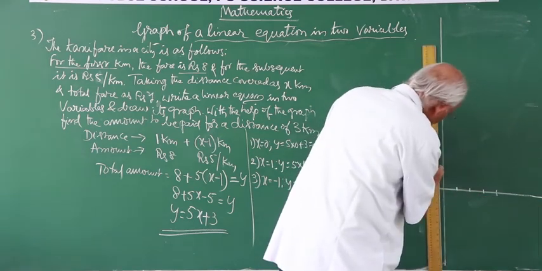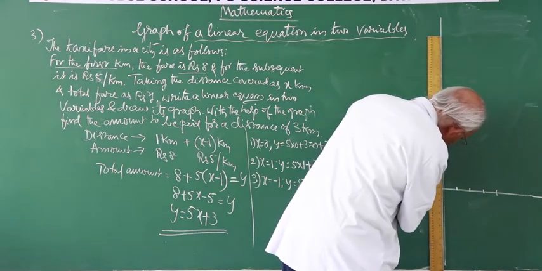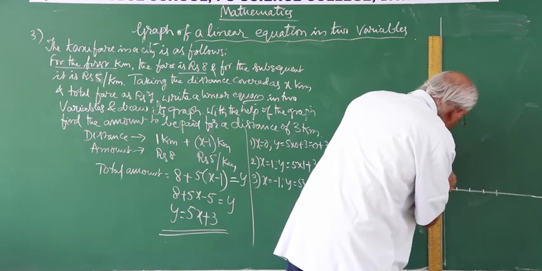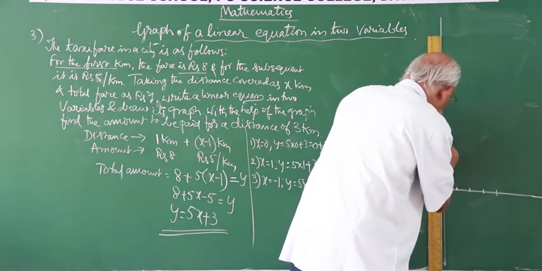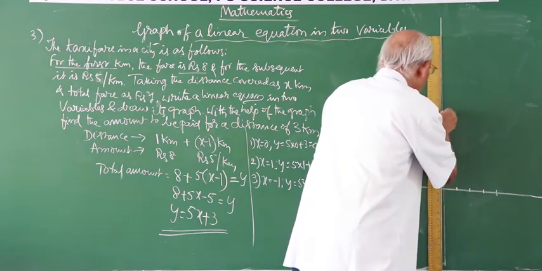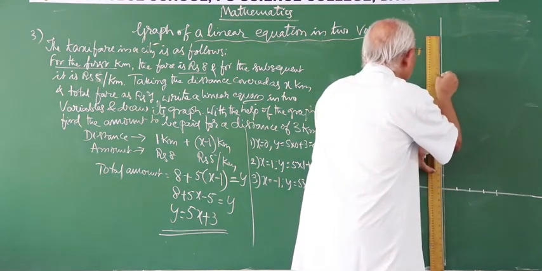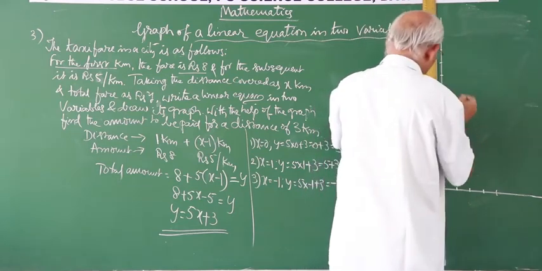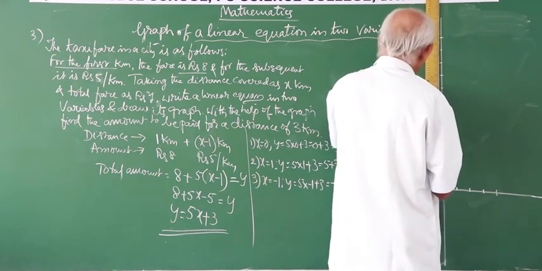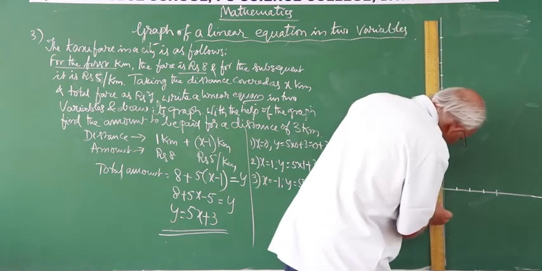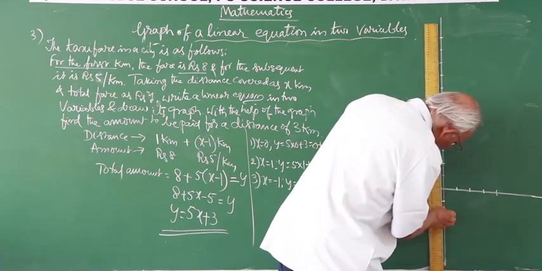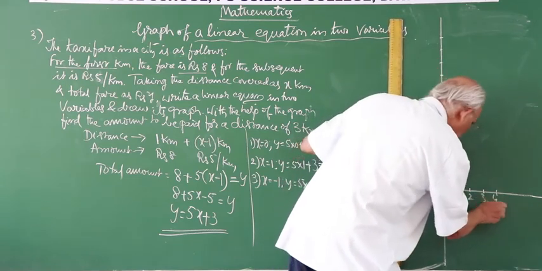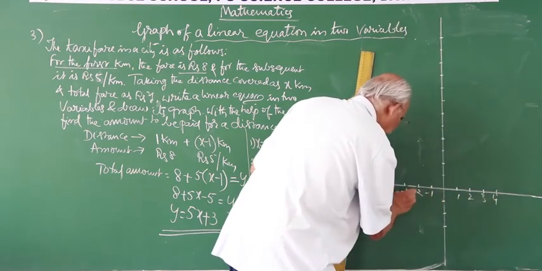This is 1, 2, 3, 4. This is minus 1, minus 2, minus 3.